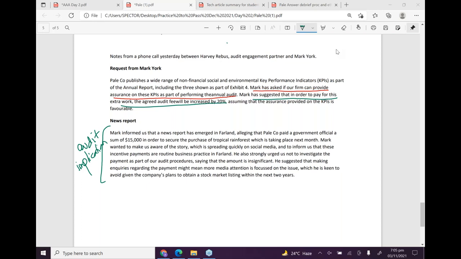Remember, it is mainly for external audit that it is strictly prohibited. Please do not misunderstand the code. For audit, it's a strict no. For other services, it's not recommended, but you can still go ahead and do it.